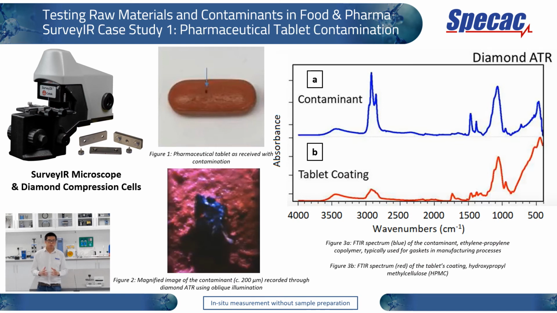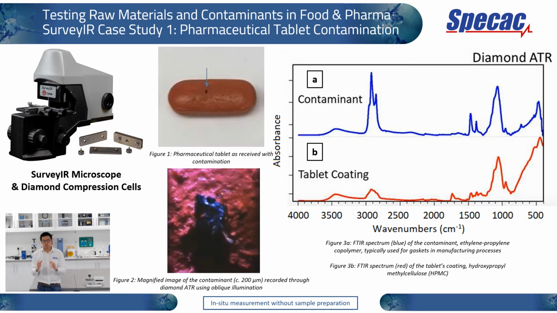Continuing from that, we now have some case studies involving the Surveyor microscope and also our diamond compression cells. In this particular application, there is a pharmaceutical tablet received with contamination, as you can see with the little spots on the red pill.